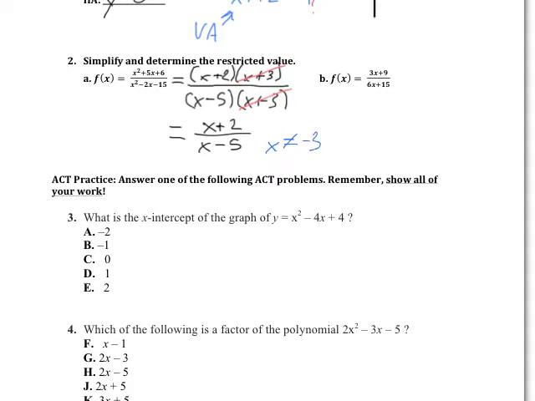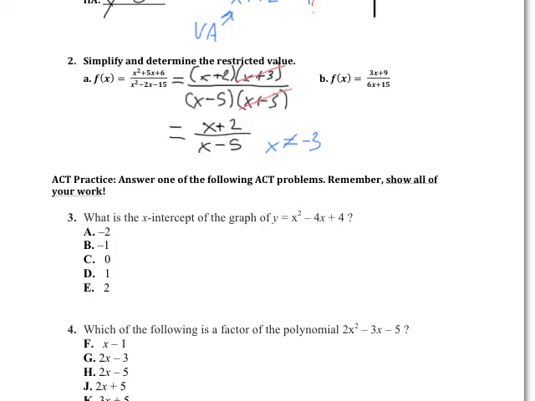Now, it may not have been clear in class, but just in case you're wondering what's going on, if you grab a graphing calculator and graph that, and you graph this, the graph will look identical. However, in reality, this graph does not have a hole at negative 3, while this one does. But visually, they look the same everywhere except for at the number negative 3.